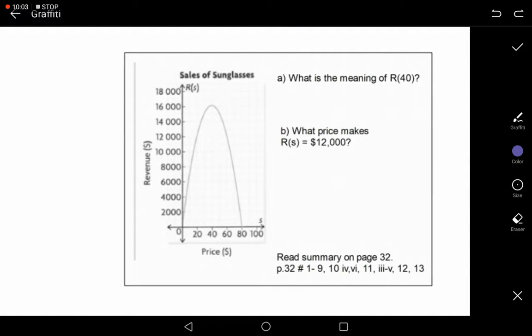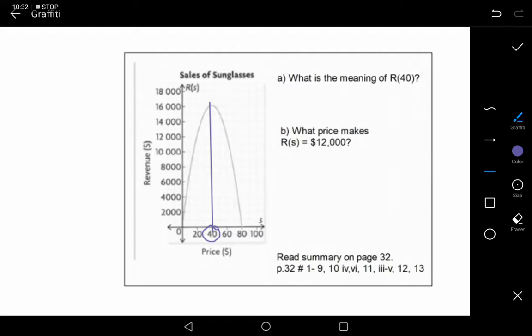So we're looking at sales of sunglasses. The first question asks us, what is the meaning of R of 40? So we look, R of 40. That's 40 right here. So we need to figure out the revenue at 40 and what that actually means. What I'm going to do is draw a line from 40 and see where that hits on my graph.